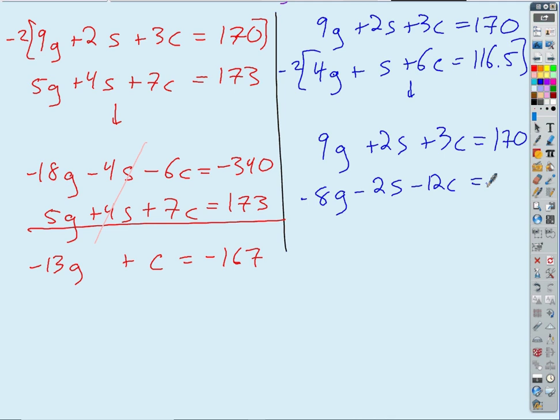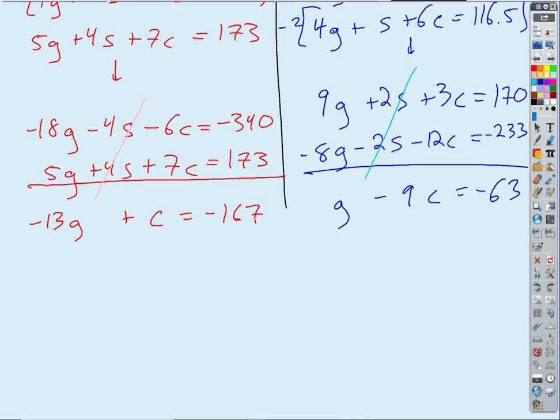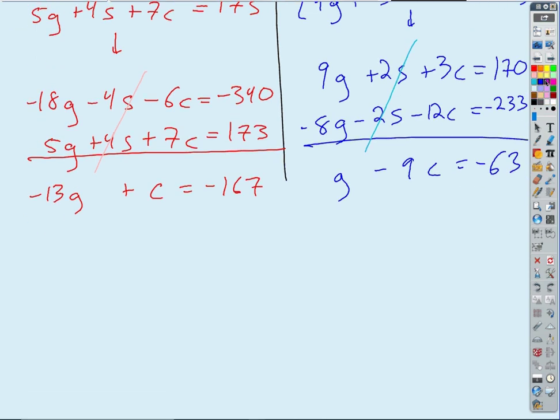Is that right? I add those up. S is canceled, that's good. We get G minus 9C, so far so good, equals negative 63. Is that right? No. Okay. And so now we've got our 2x2 system that we can solve.